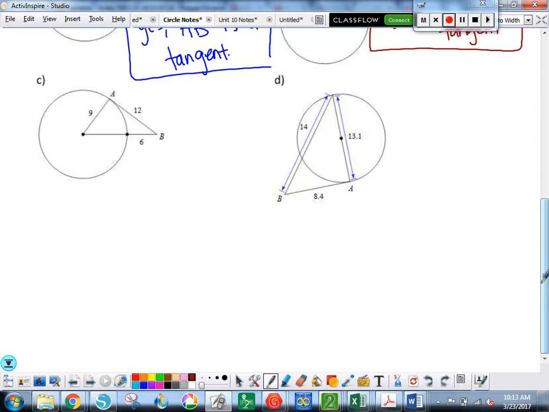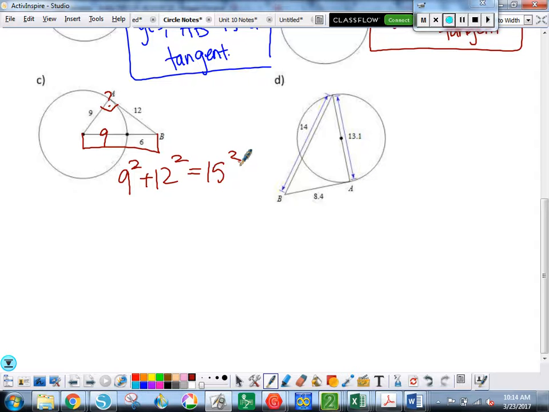When you set this up, angle A would be the 90 if it was 90, right? So we're writing this out, 9 squared plus 12 squared equals what? 15. How'd you get the 15? 'Cause it's not 6. Who said 15? Easy. How did you get 15? Good. This is one of those tricky ones where you have to remember to figure out the entire side. So 9 squared plus 12 squared is 15 squared.